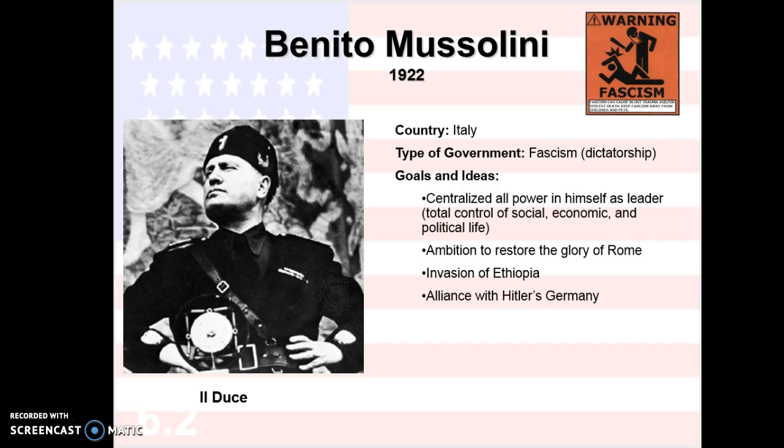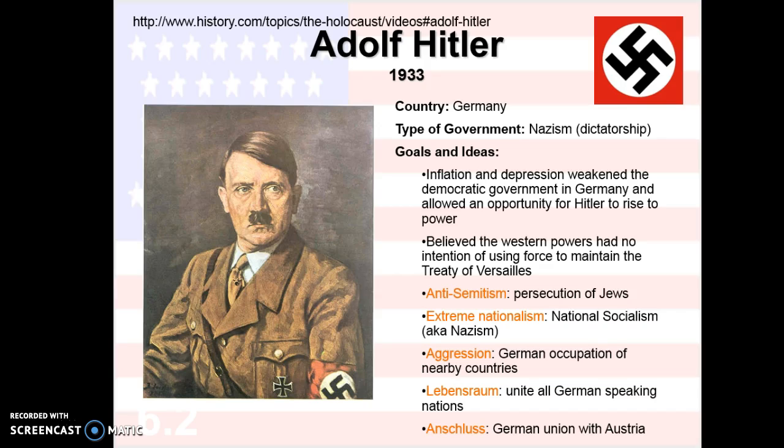He was the leader of Italy, and he was allied with Germany. He really wants to restore the glory of ancient Rome, and he starts causing a little bit of trouble. He's going to be on the Axis powers with Germany.